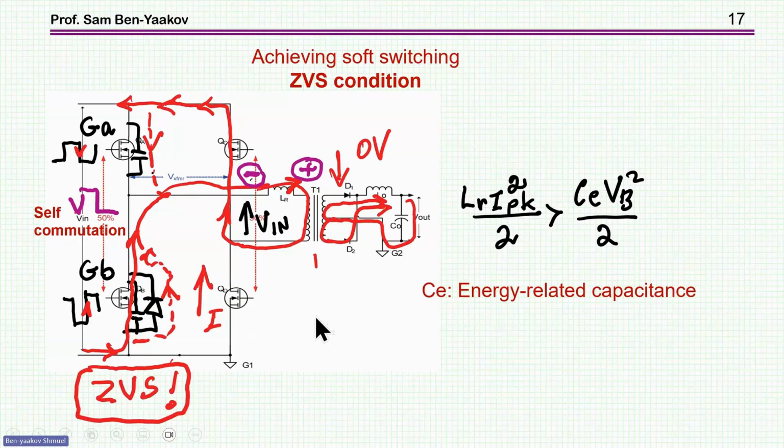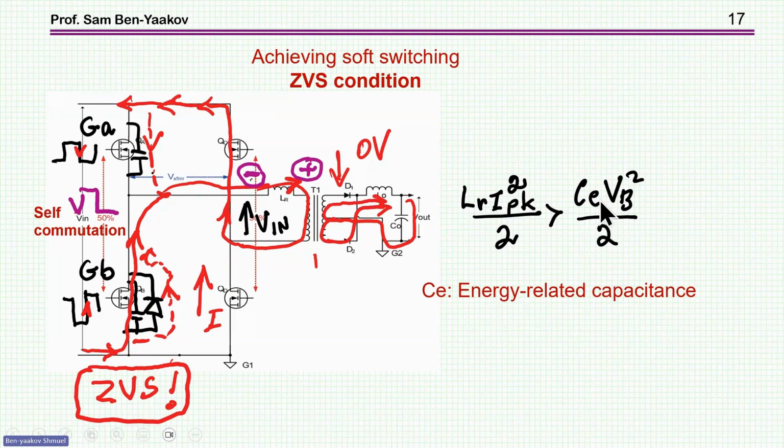In recent years, you'll find in the datasheet of a transistor information about this energy-related capacitance. That is the capacitance that you can use to calculate the energy stored as a function of the voltage, the end voltage. Okay, you have a graph in some of the datasheets. Anyhow, it's not the incremental capacitance. So this is just the point of what is the meaning of this capacitance.